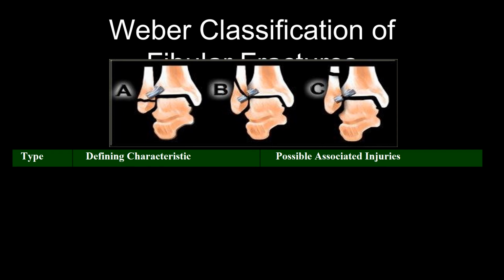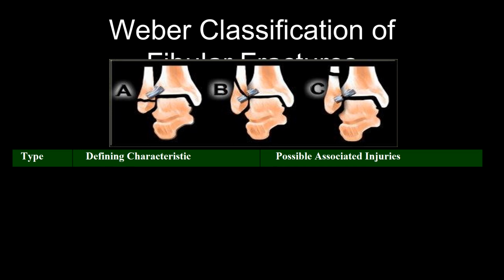So what we're really talking about is that space right in there. Okay, so as you can see, a Weber type A fracture is going to be below or distal to that joint space. In fracture B, if this is my joint space, fracture B is obviously above or proximal to that joint space. So that's going to be classified as a Weber B.